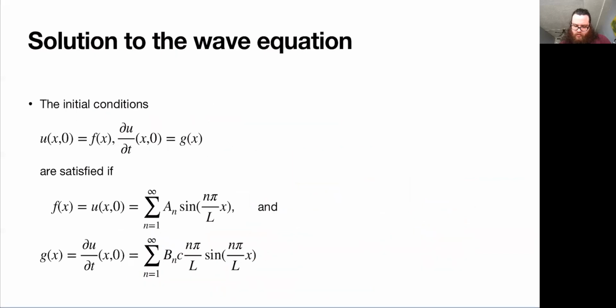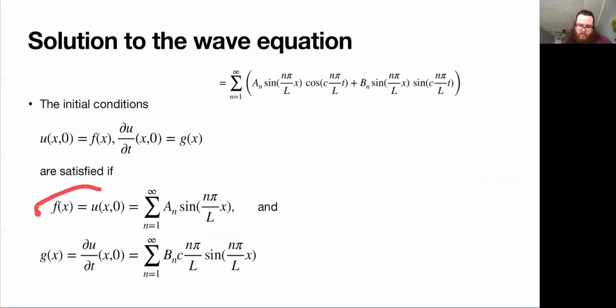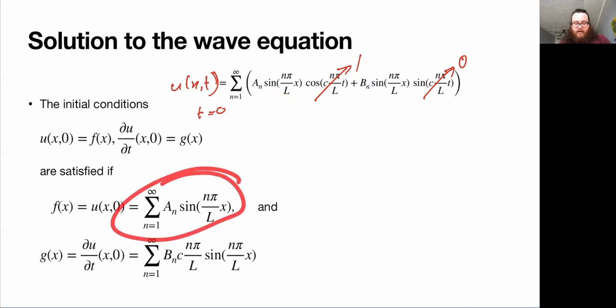Over here, paste this. So for this one, this up here is u of x comma t. Here, plug in t equals 0. These terms are going to go to 1. These terms are going to go to 0. So all we're left with is the sum of a sub n sine, and that's it. And that's what we have written here.